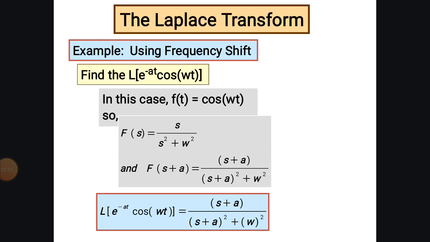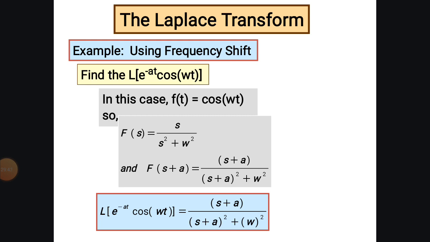Then we solve one example by using frequency shift. We have to find the Laplace of e raised to minus at cos omega t. In this case, f of t is cos omega t. So F of s is Laplace of f of t. Laplace of cos omega t is s upon s square plus omega square.